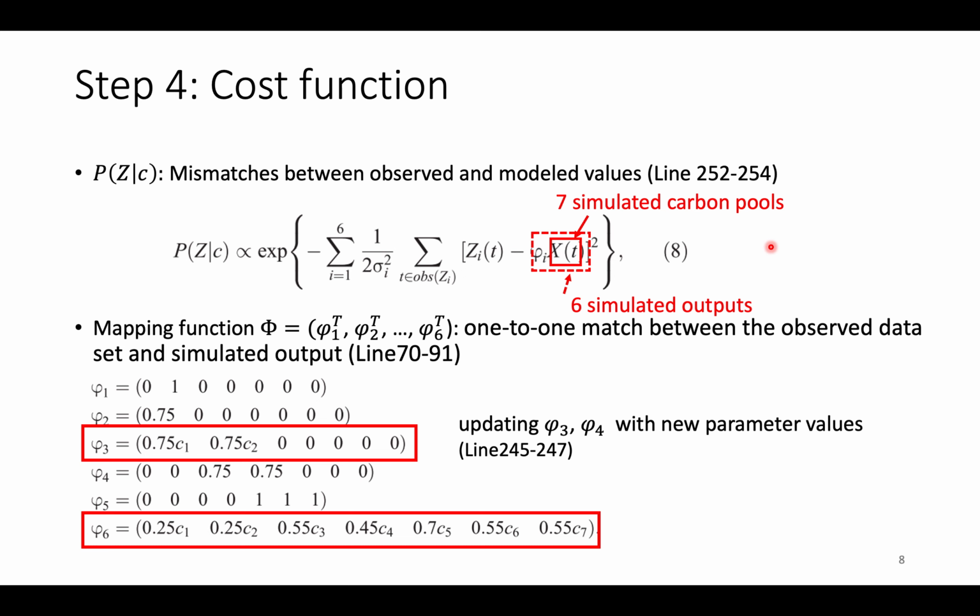When it is multiplied with a vector phi, the product is 6 simulated data to match with observations. One more thing about the mapping function is that some elements in this vector depend on parameter values. As parameter values change all the time in data simulation, we need to keep updating this mapping vector as well.